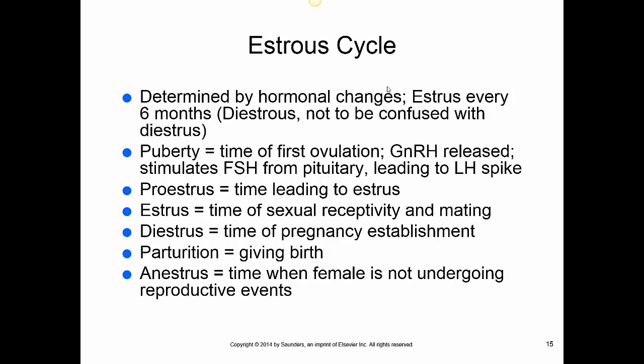But they wait until the corpus luteums have been reabsorbed, when they're not pregnant, until they come into heat again. The other thing is we have some dogs, such as the Basenjis, which are monoestrus, which means they only come in once a year. So we have bred some breeds of dogs to only come into heat once a year.